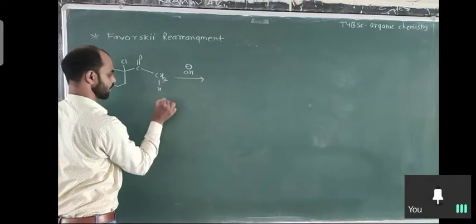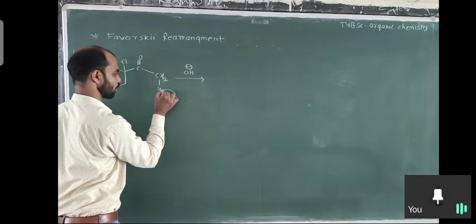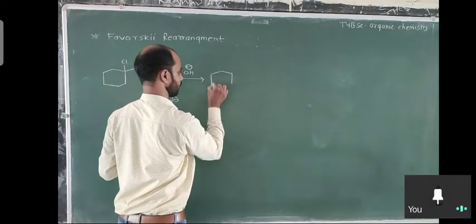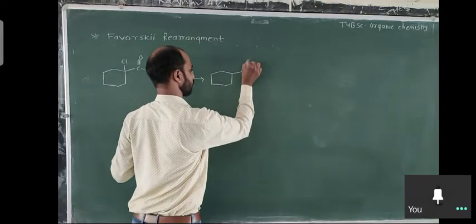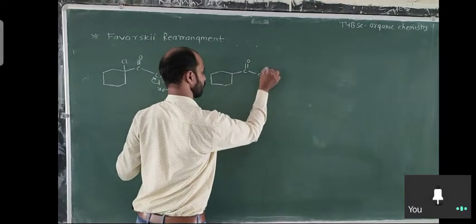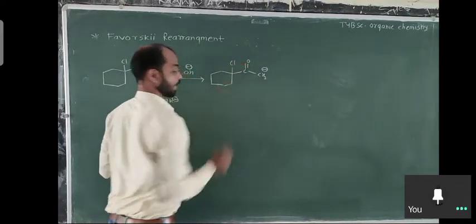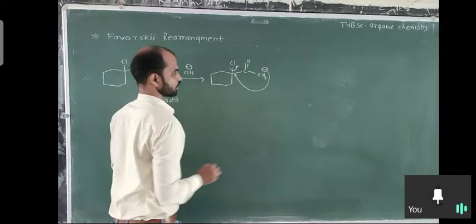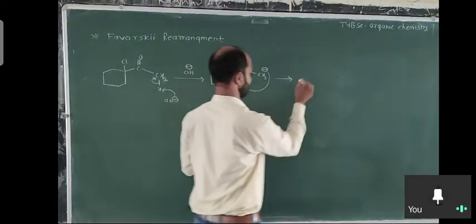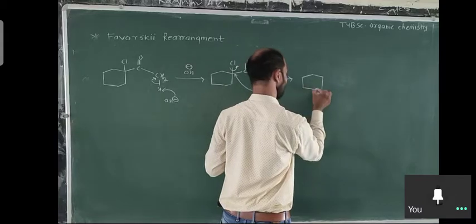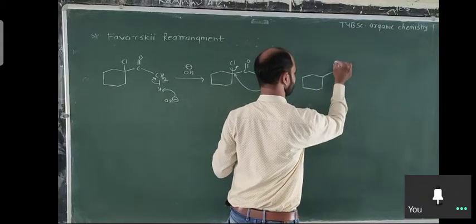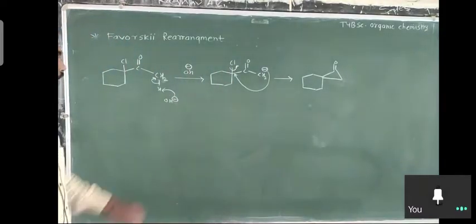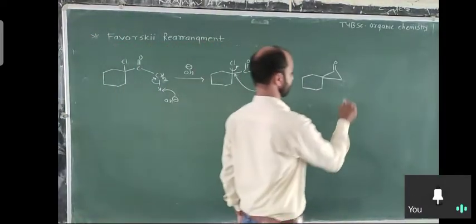In the first step, there is an abstraction of proton, and in the second, this will attack on another alpha position and form a cyclopropanone ring.